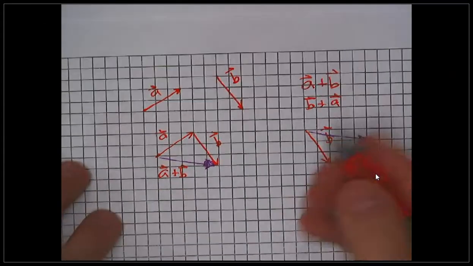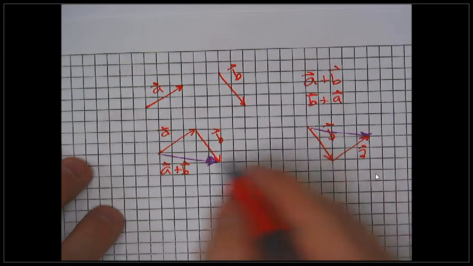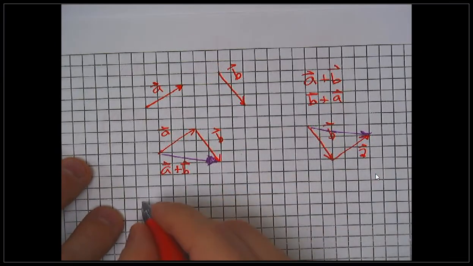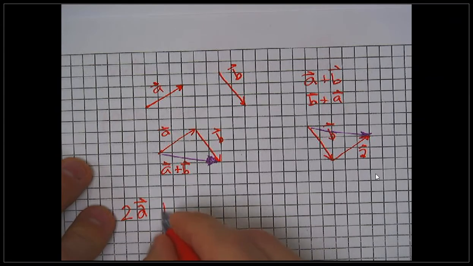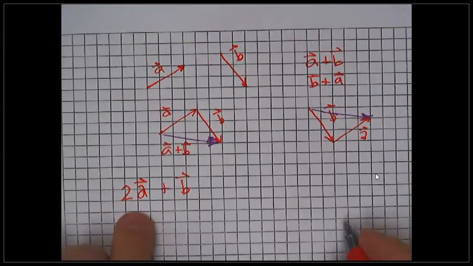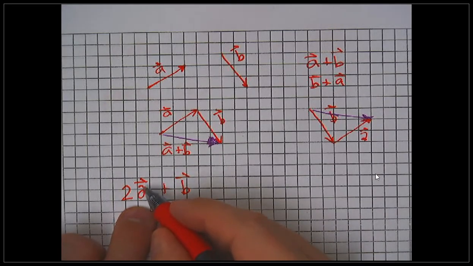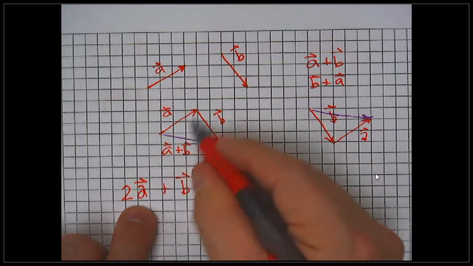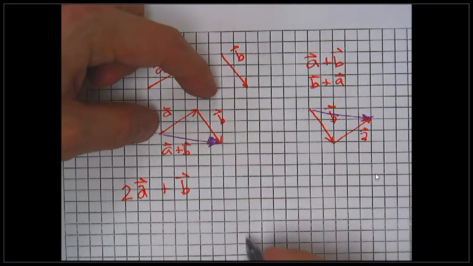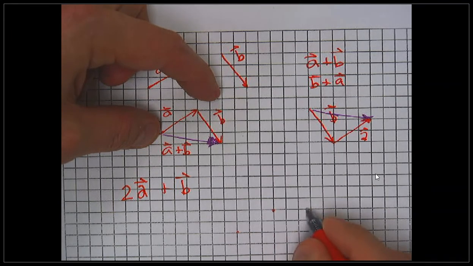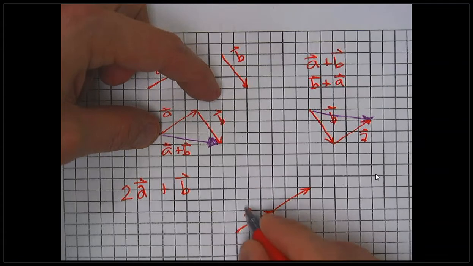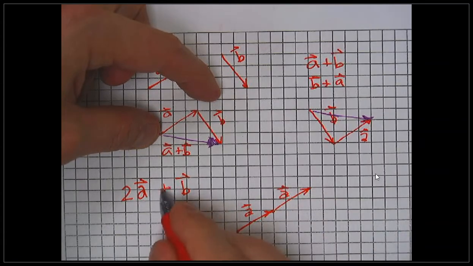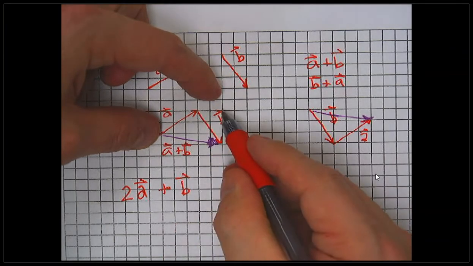One other thing we need to talk about is scalars. If I wanted to have 2 of these vector A's plus 1 of these vector B's, then we're basically taking 2 of the magnitude and direction. So this vector A here is 3 over and 2 up, and 2 of vector A plus vector B, where B is 2 over and 3 down.